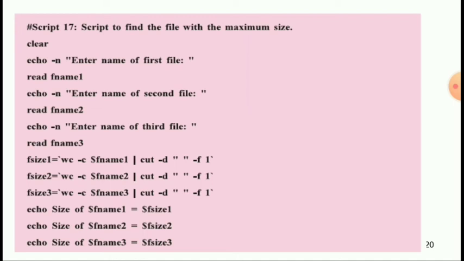And then the comparison. fsize1 equals backquote wc, that means word count, -c, that means characters, $fname1, that means the first file, pipe cut -d " " -f 1, and backquote over. Second file: fsize2 equals wc -c $fname2 | cut -d " " -f 1. fsize3 equals wc -c $fname3 | cut -d " " -f 1, backquote over.